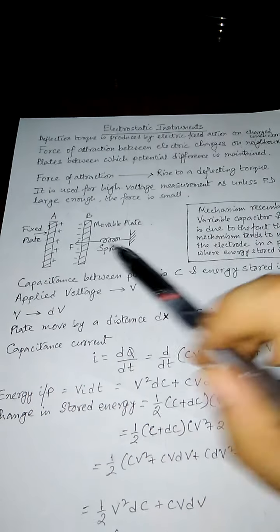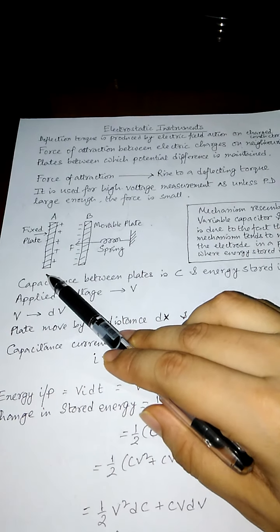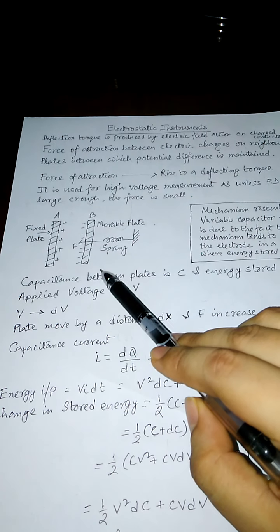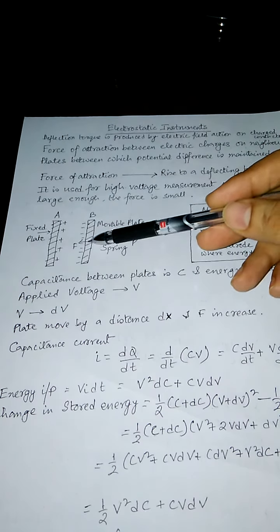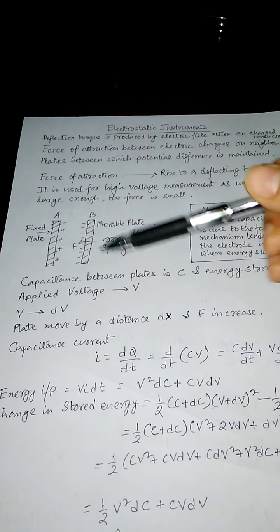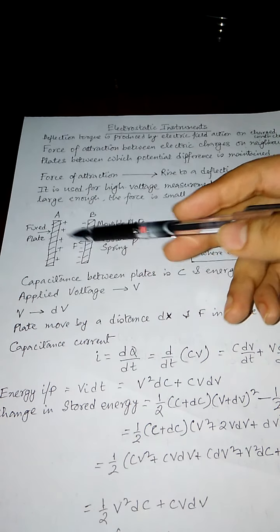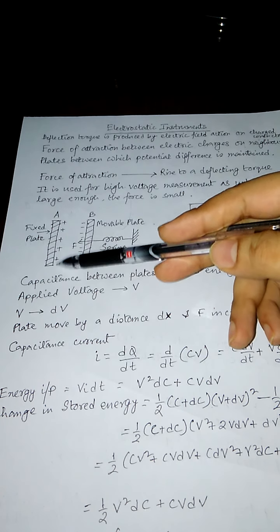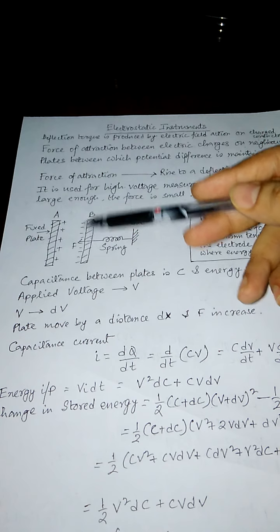If we are considering two plates, see the diagram here: that is a fixed plate and that is a movable plate, and this movable plate is attached to a spring. These two plates act like charged conductors, with this one positive charge and this one negative charge.